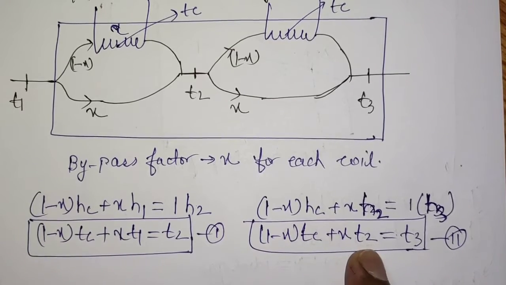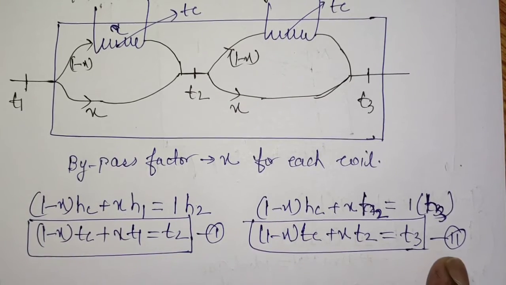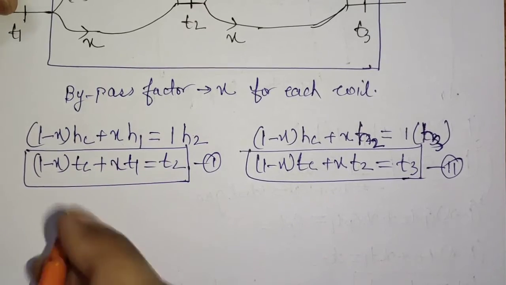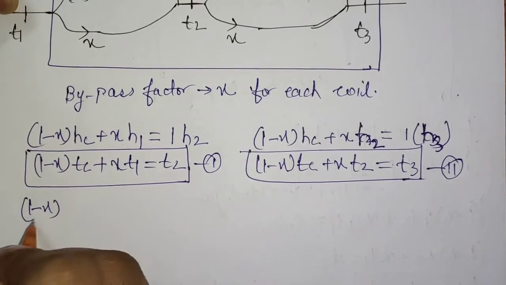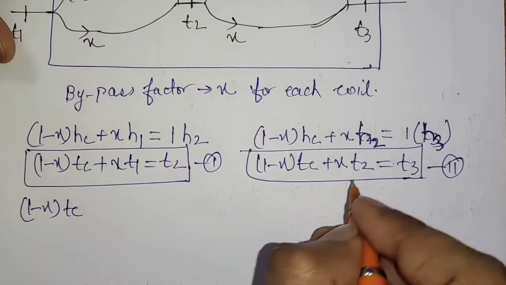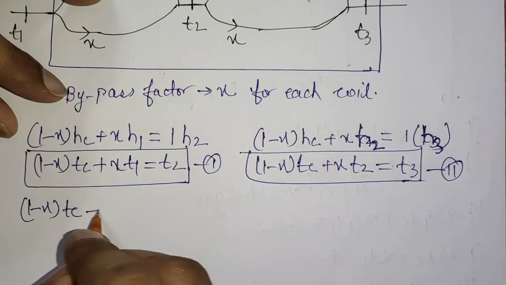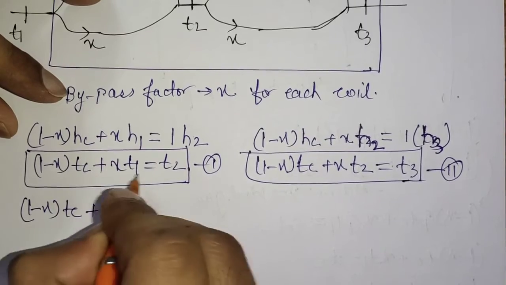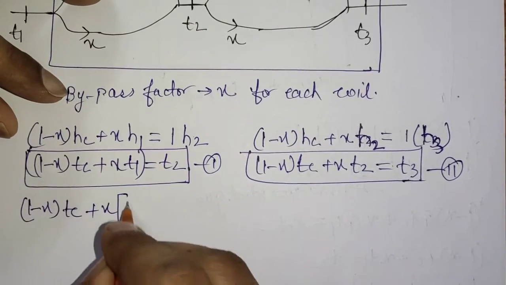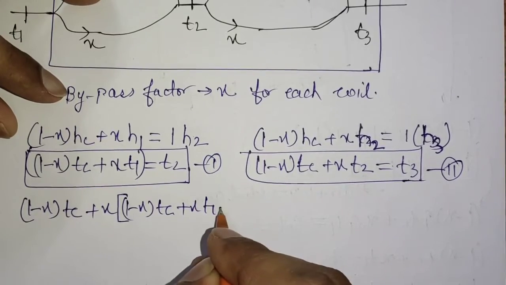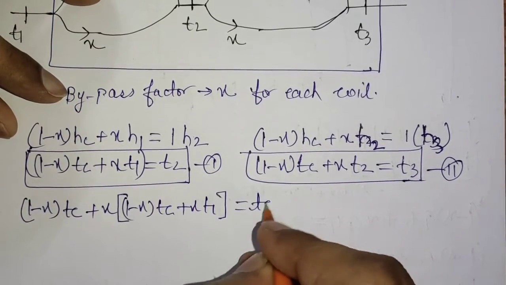The value of T2 in equation 2 can be used from equation number 1, and while putting the value, expression number 2 will become 1 minus x Tc plus x multiplied by the value of T2, that is 1 minus x Tc plus x T1, and this should equal T3.